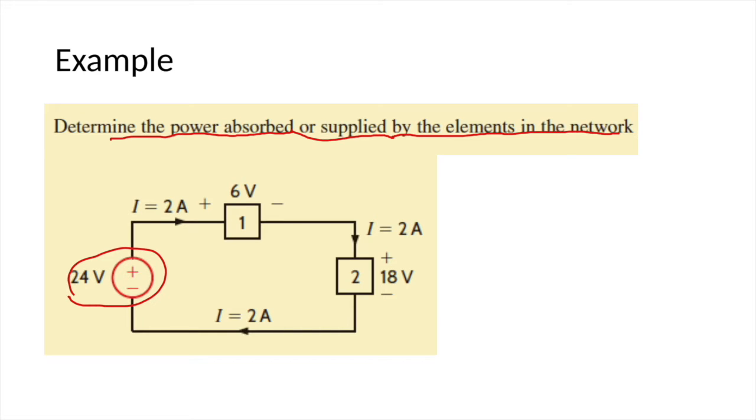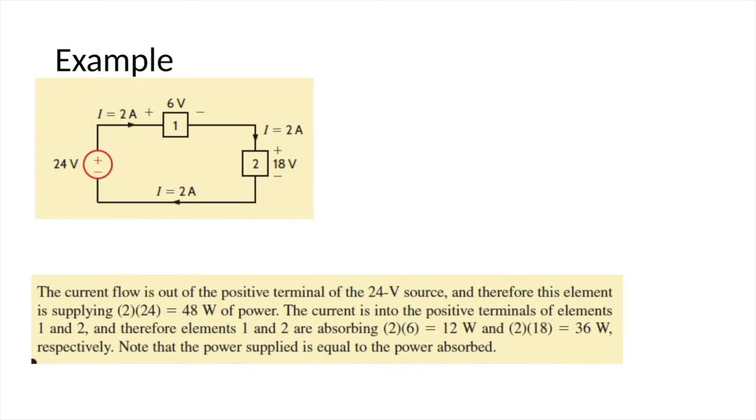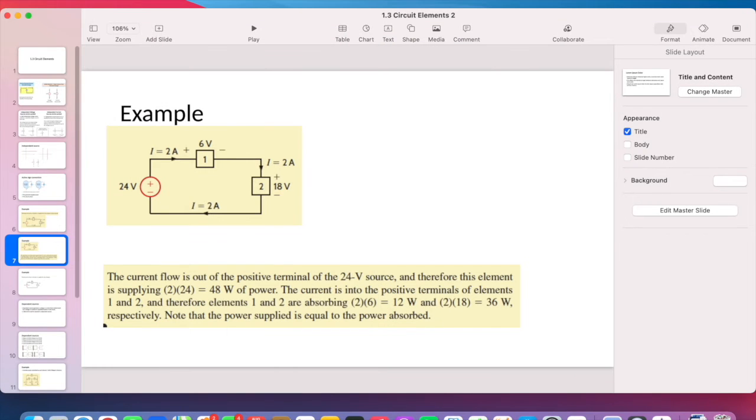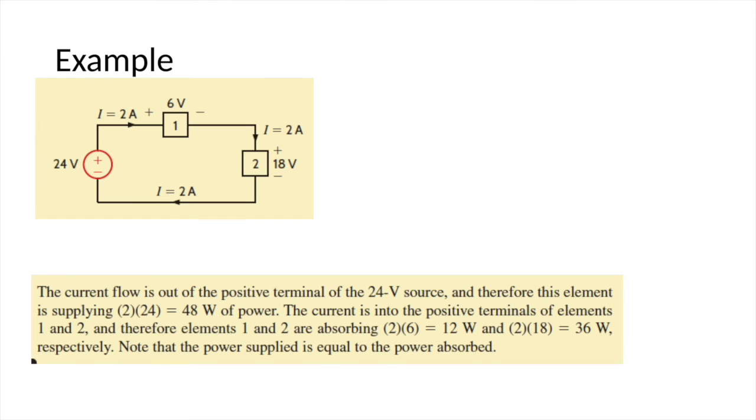For element 1, we can see that it satisfies the passive sign convention. So P1 equals 2 times 6 equals 12 watts. It is absorbed.